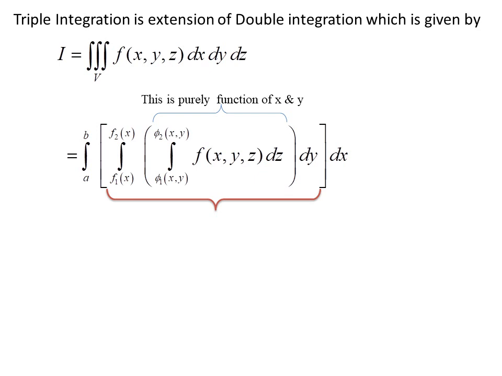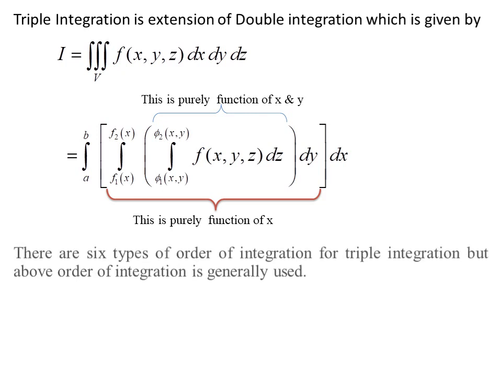So secondly, we have to carry out the integration with respect to y, which must be purely a function of x. And lastly, we have to carry out the outermost integration with respect to x, which will certainly be a value. So this is one type of order we have considered.